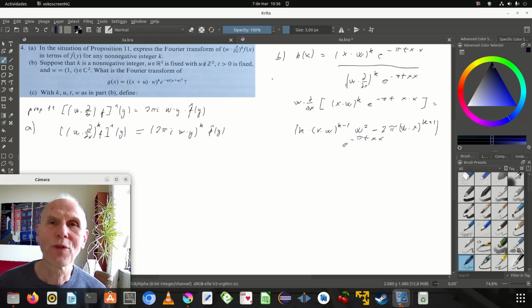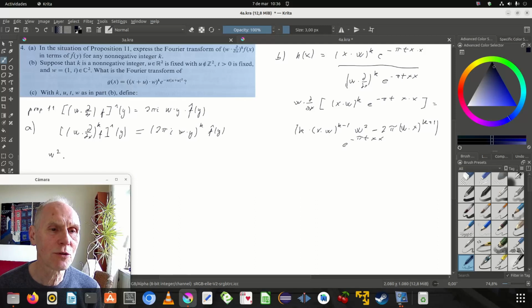All right, a little break, and then I read the problem again, and it says that w is 1 point i, and that means that w squared, 1 point i times 1 point i equals 1 squared plus i squared equals naught.